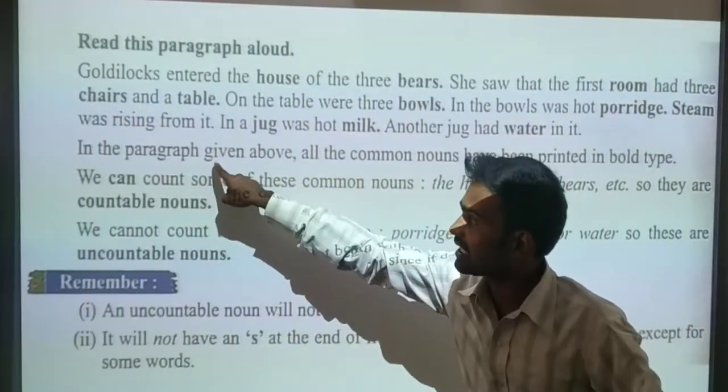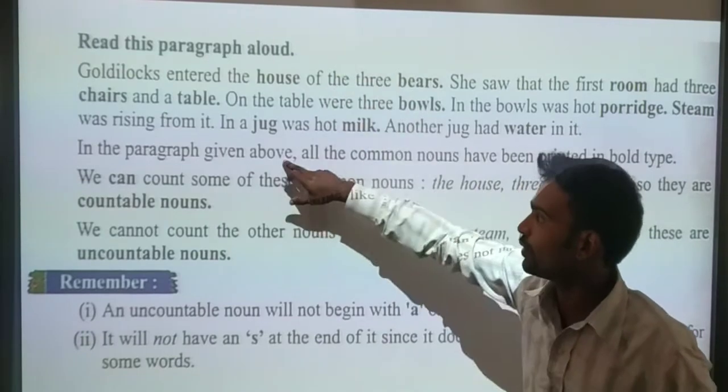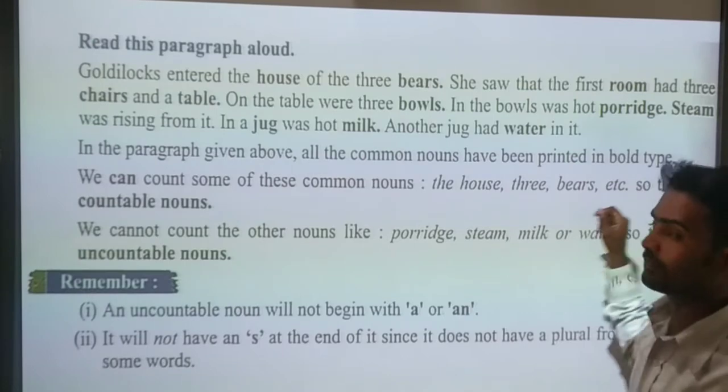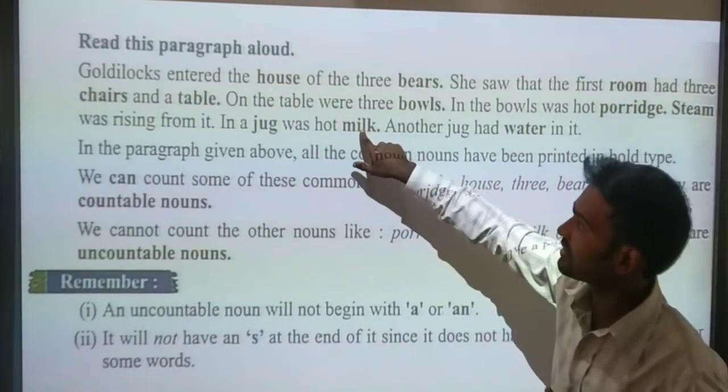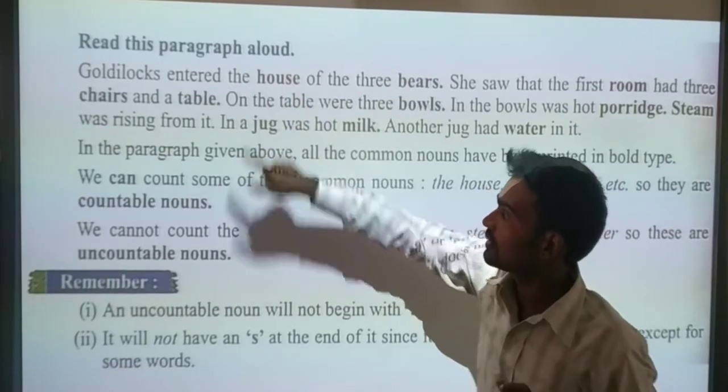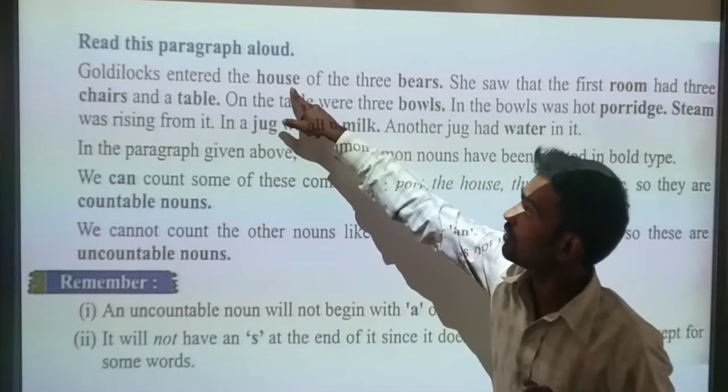In this paragraph given above, all the common nouns have been printed in bold type. Bold type means they are marked dark. Here, house. What is it? It's a common noun.